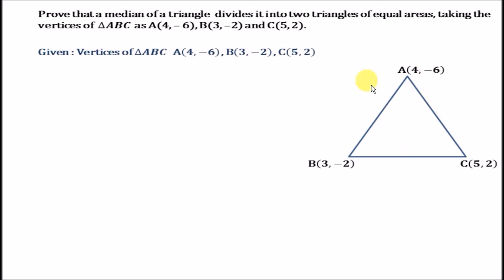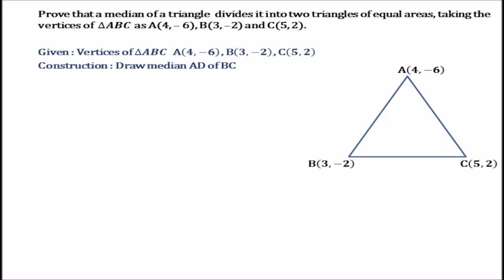Now let's construct median AD of BC. So we are constructing median from vertex A to BC. Remember, the median could have been drawn from the other two vertices as well. We could have drawn the median from vertex B or from vertex C as well.